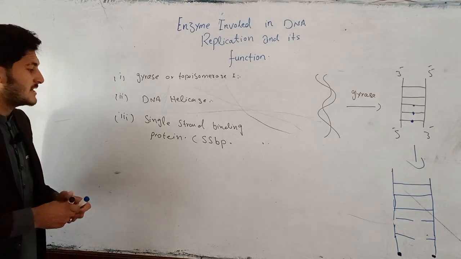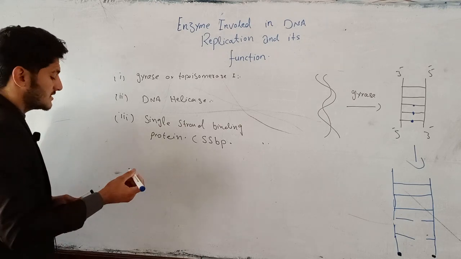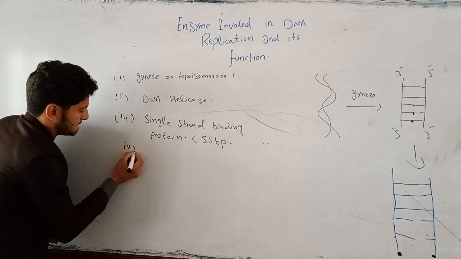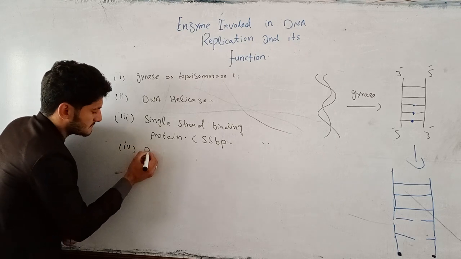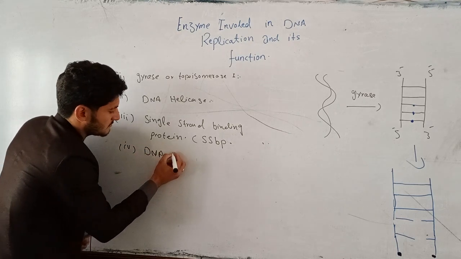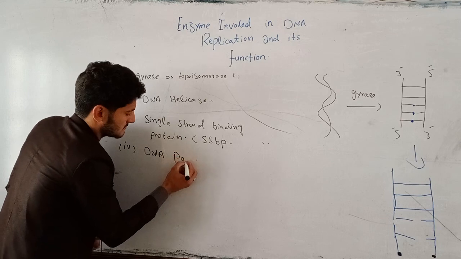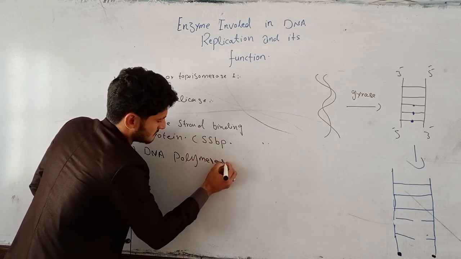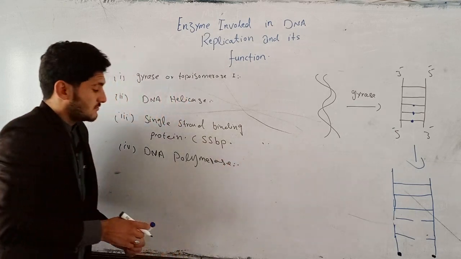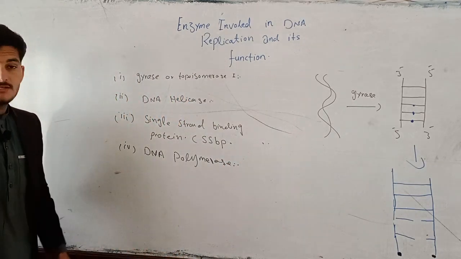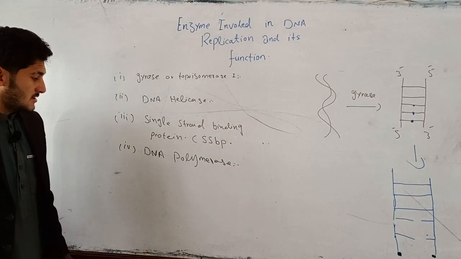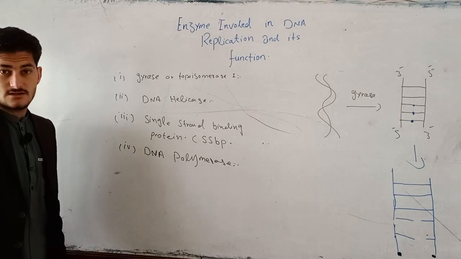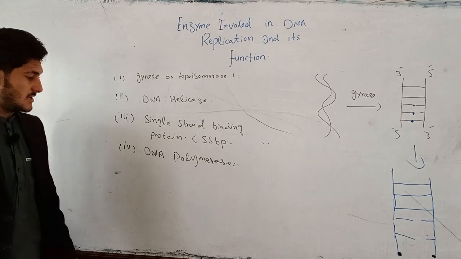Now the main enzyme involved in DNA replication is basically DNA polymerase. It is the main enzyme in the process of DNA replication, and it synthesizes the new strand or daughter molecule of DNA.